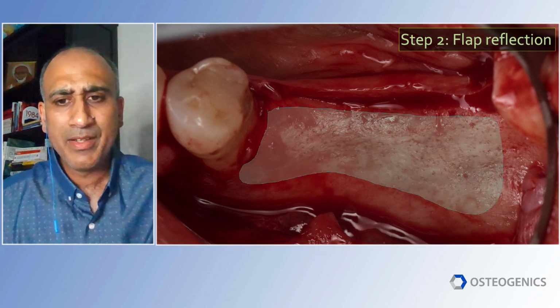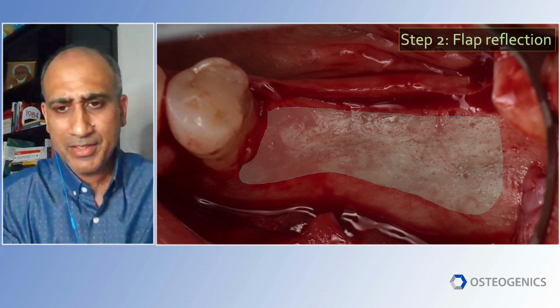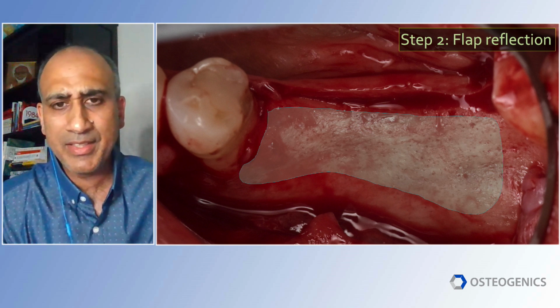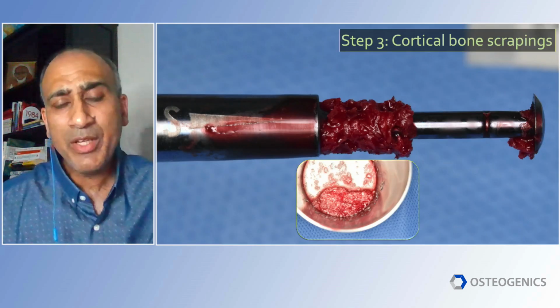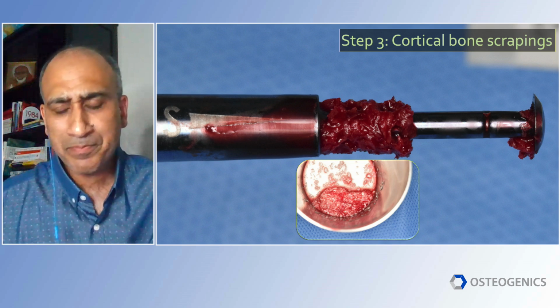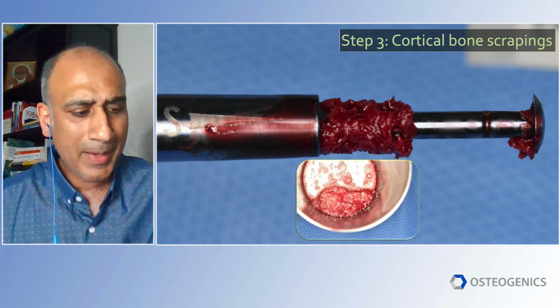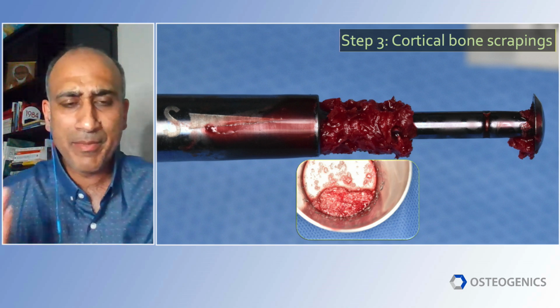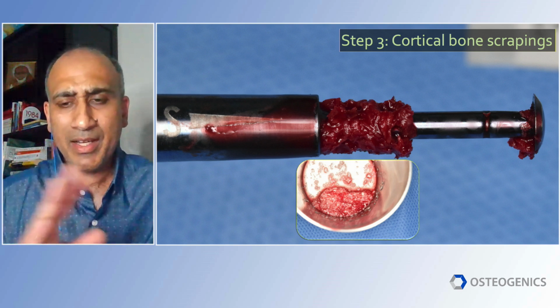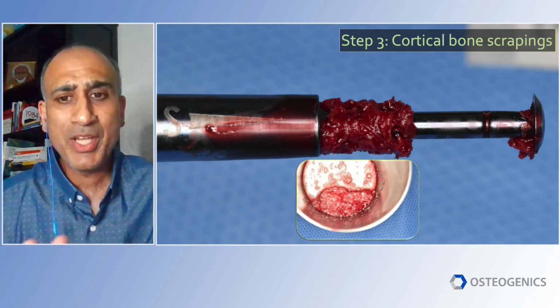Step 3, and in this picture again, you can see the extent of that deficiency. Step 3, what I do is I take a bone scraper. Unfortunately, in Canada, we can't get the disposable bone scrapers, so I have to use these autoclavable bone scrapers. But the point here is that we scrape bone from the ridge that we're grafting.